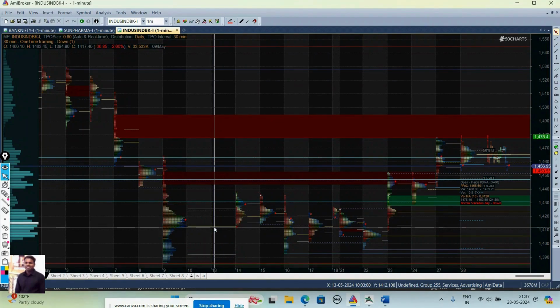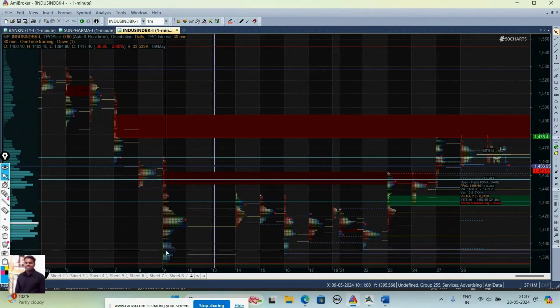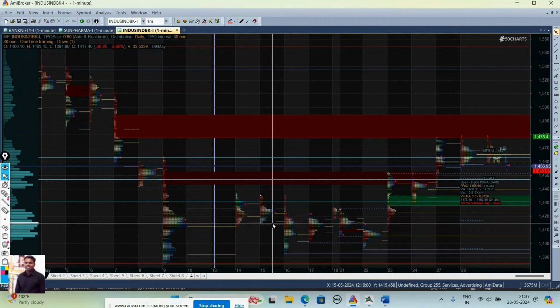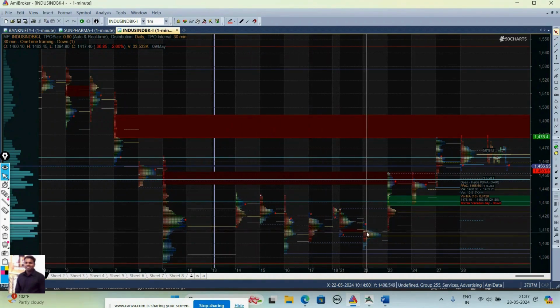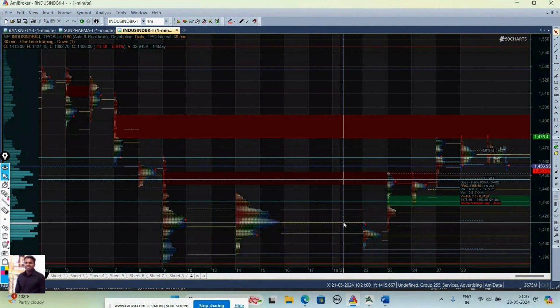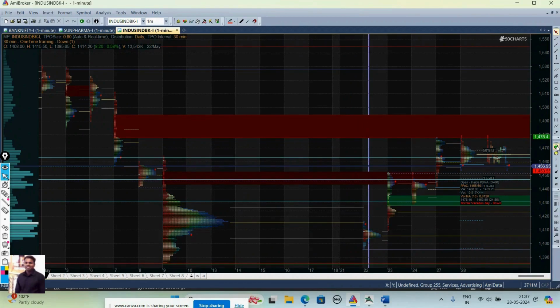So just join the profile. This is the auction process on top, this is the bottom. What will happen, the price developed around the center, the POC. So if we join all the profile, it's forming on center.